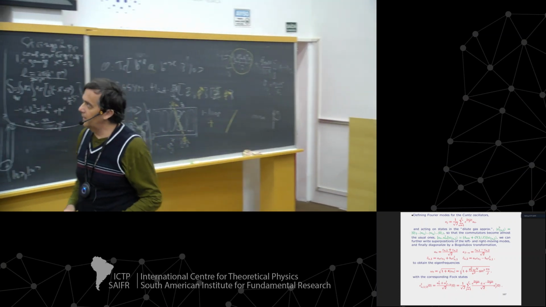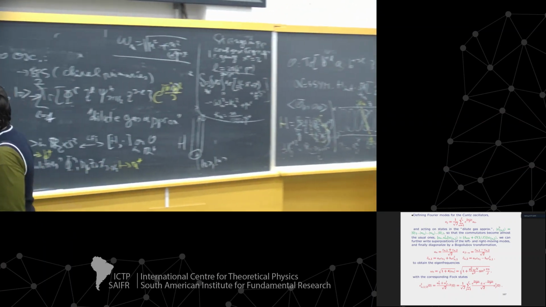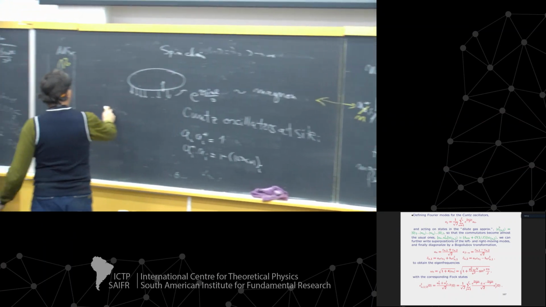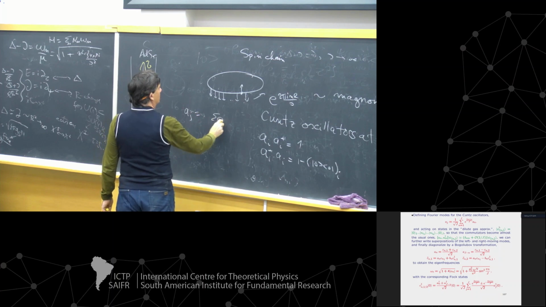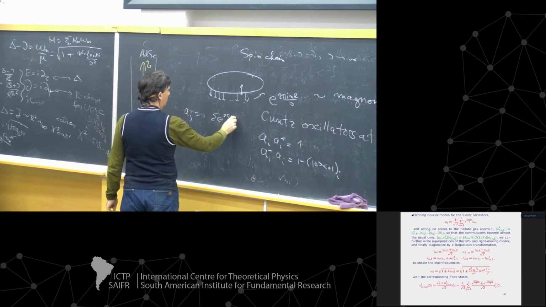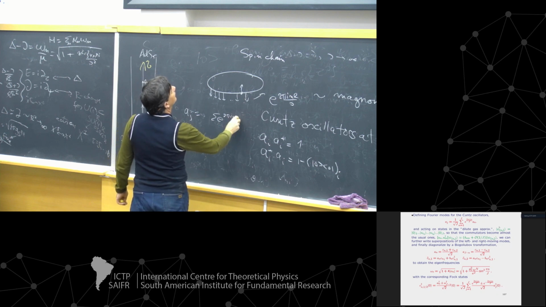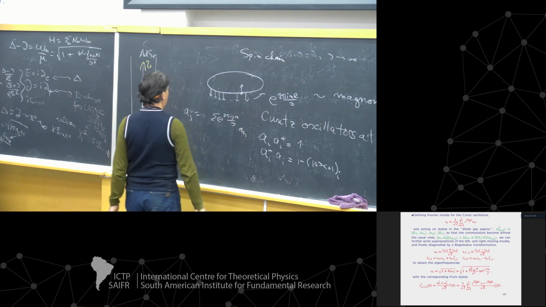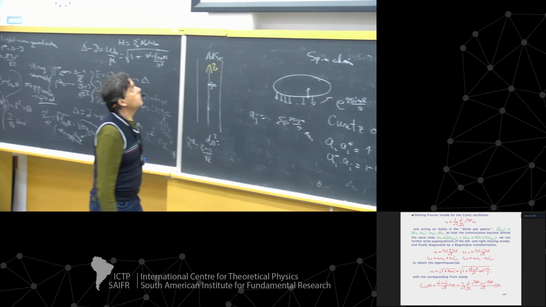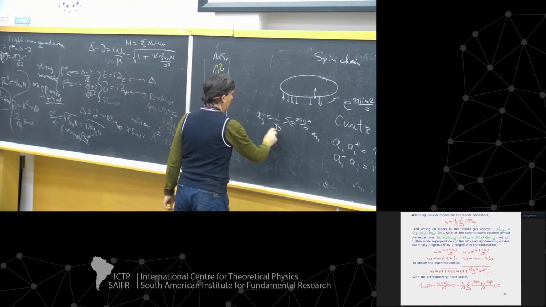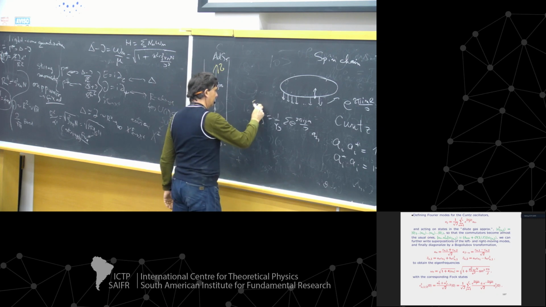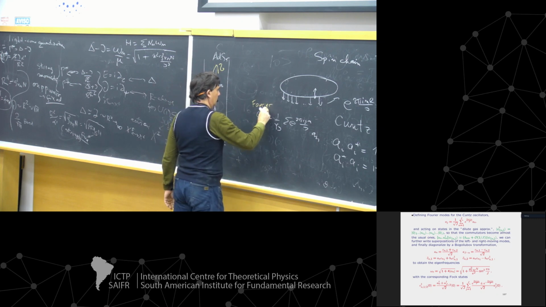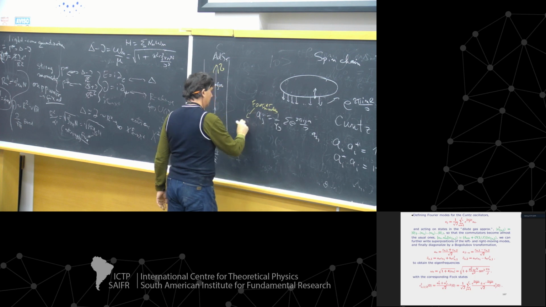Let's consider Fourier modes like this: A_j is a sum of e to the 2 pi i j n over J, a_n, times 1 over root J. So now these are Fourier modes, which means with momentum.